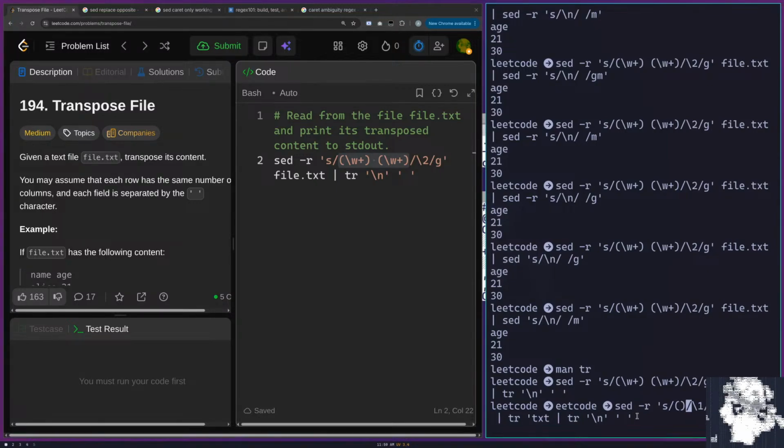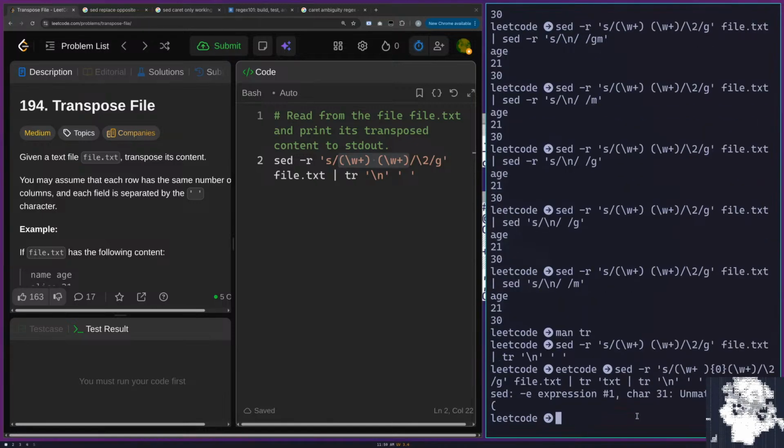I want to say word and then space, that happens 0 times, followed by the word that I care about, so parentheses, and then we'll put a 2 here, which is \w+.